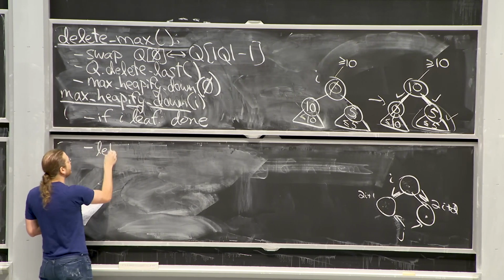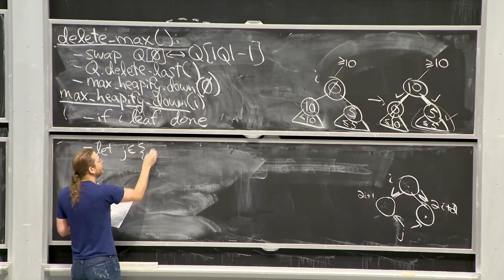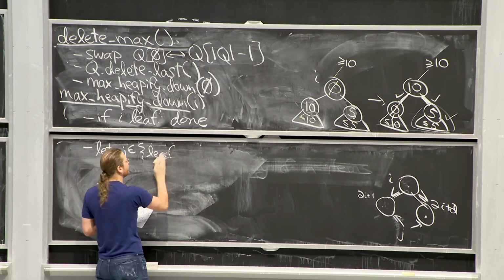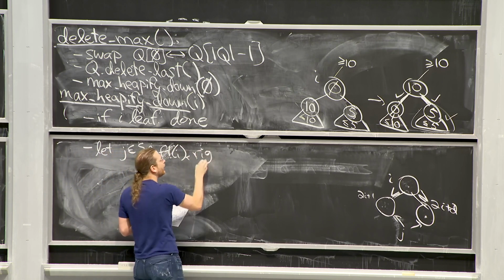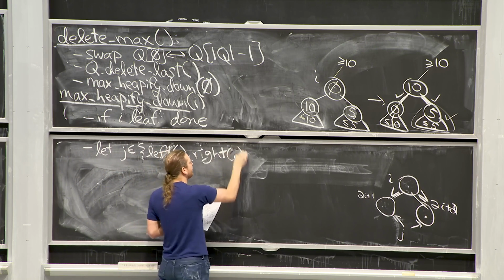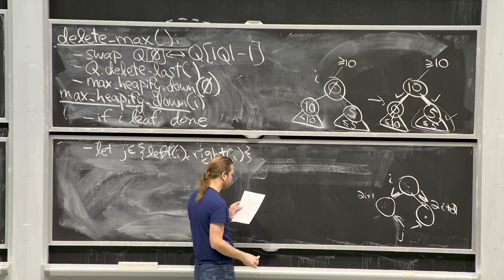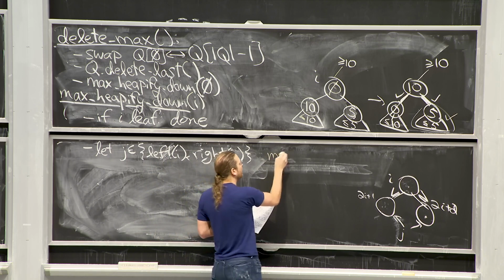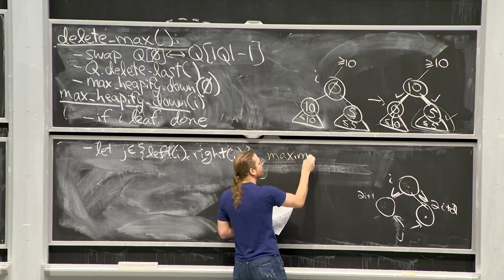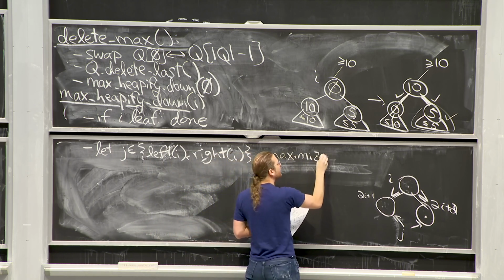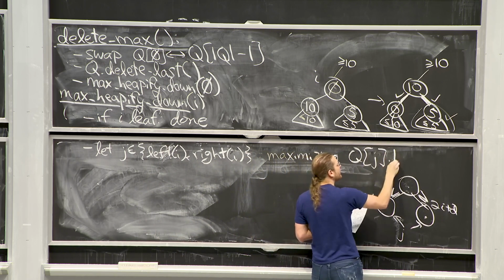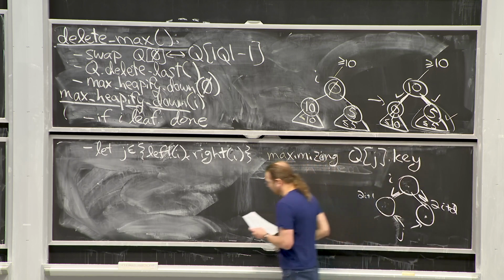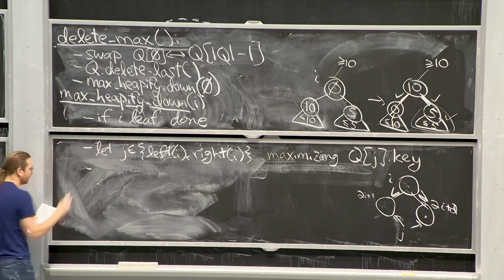Otherwise, let's look among the two children, left and right of i. Right of i might not exist, then ignore it. But among the two children that exist, find the one that has maximum key value, Q of j dot key. That was 10 in our example.